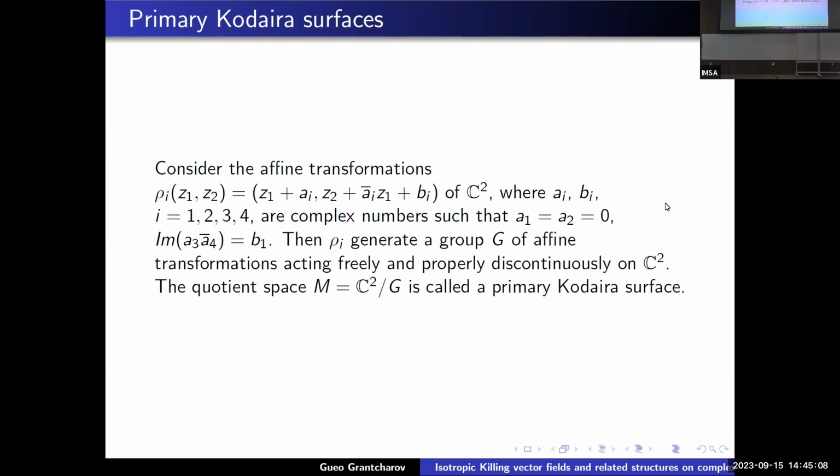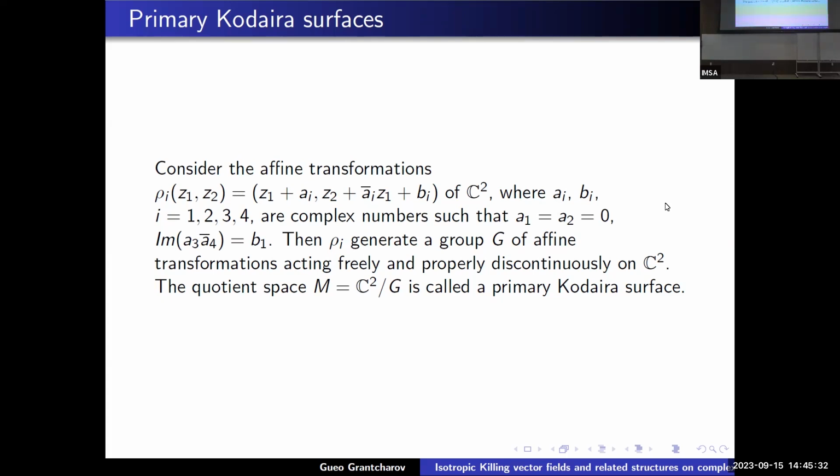Also, Hopf surface of primary type. You don't need to know how it is. So this is something which is again a factor of the whole plane, C2, but the group which acts freely and properly discontinuously is not abelian. So if you have an abelian lattice, the result is complex torus.